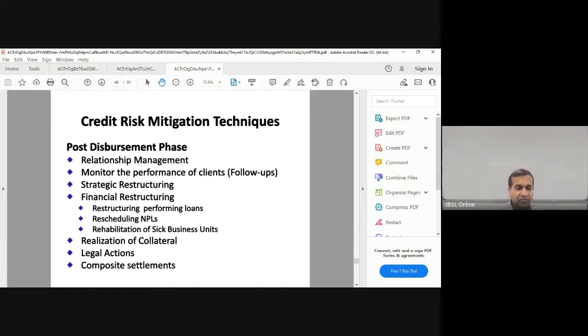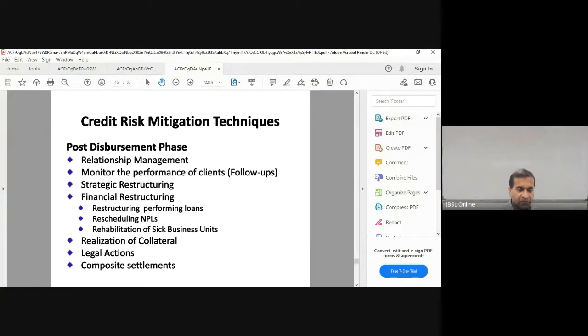Number two, a very close relationship, because you know that this relationship management, I think I discussed when I was doing credit marketing. You can put everybody into a triangle and divide the whole set of customers based on some parameters. One parameter is profitability and the volume of loans.